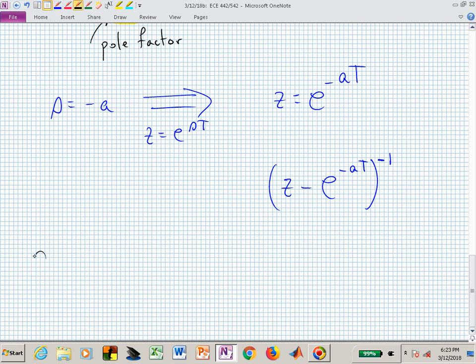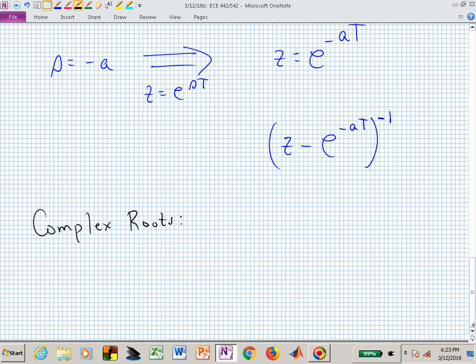Now, this actually holds for poles and zeros, so what if I have a complex root? What if I had a complex root that was maybe S equal to minus A plus JB? And if I have plus JB, I have to have its conjugate if I have real coefficients.